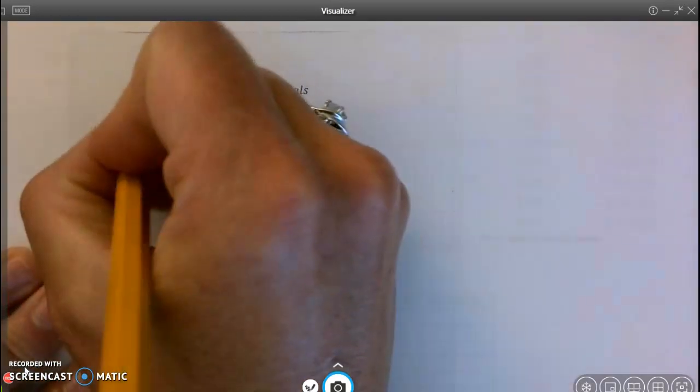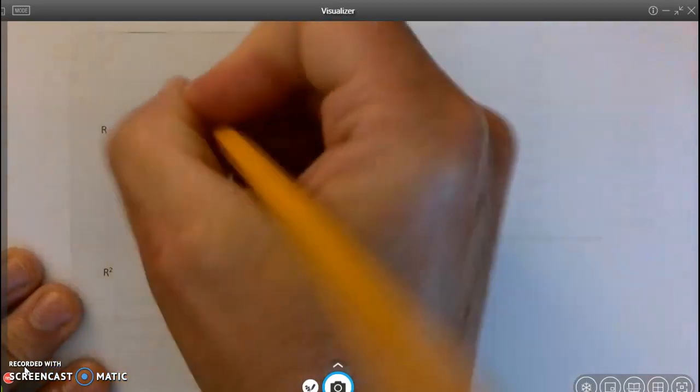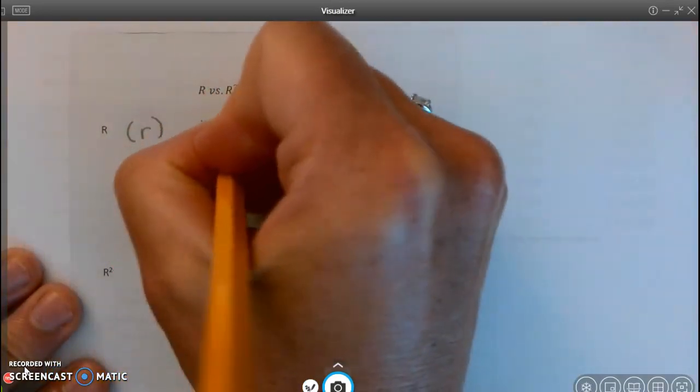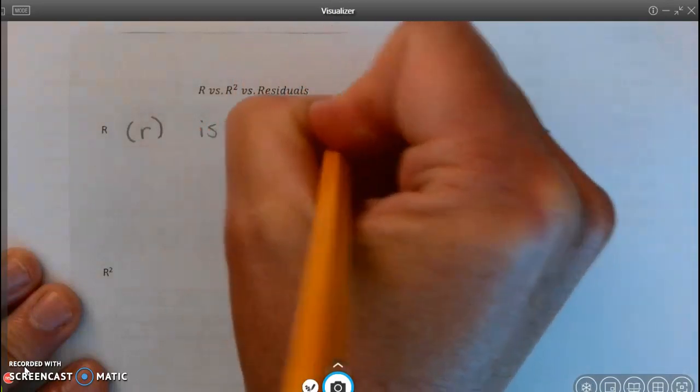All right, I want to look at this page, because when we get to this section, and we're choosing a model and we're comparing, everybody starts to mix the different vocabulary up, especially R squared and residuals. Everyone starts to think they are the same. R, many times denoted just lowercase r, is the correlation coefficient.